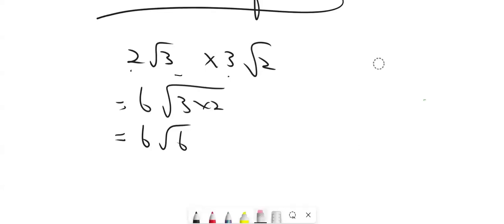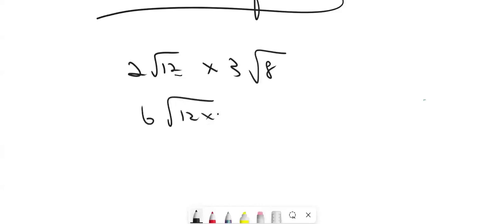Try another one. 2 root 12 by 3 root 8, right? So that's 6 root 12 by 8, which is 6 root 96.